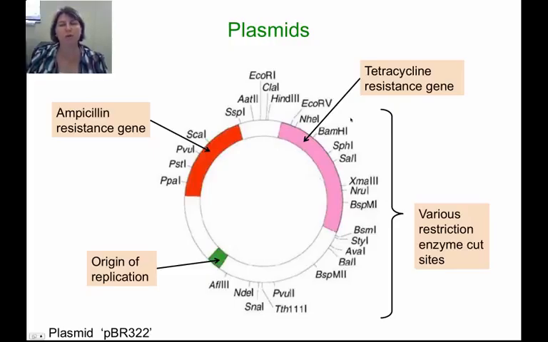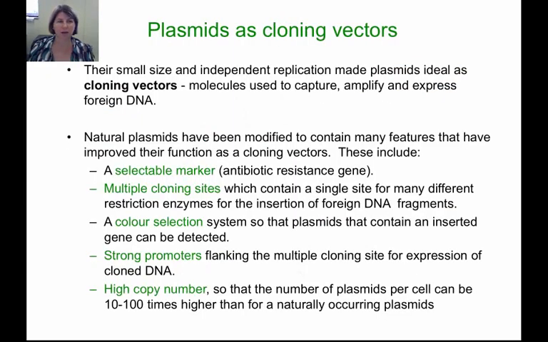And it's very important that we have these different restriction enzymes in order for this plasmid to be useful as a cloning vector. So what is important for a plasmid as a cloning vector? First of all, their small size. Most plasmids which are used in cloning are about 3 to 5 kilobases in length. We want to keep them small so that they replicate easily, and they're also easily manageable within a laboratory setting.